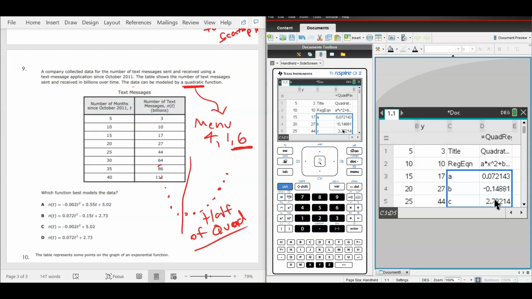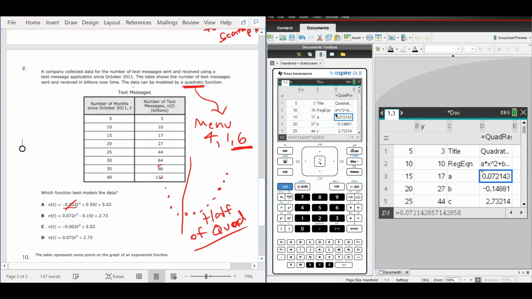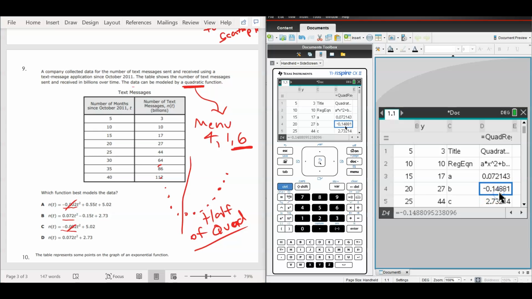Now which one of these has 0.07? It's a positive 0.07 for the A value. Well, that's not positive 0.07. That is not, and that is. Let's look at our B value. We need a negative 0.14 or negative 0.15 is how it rounds.